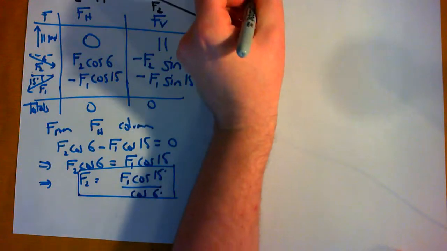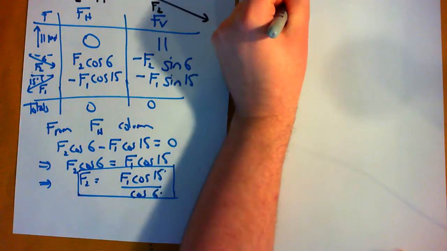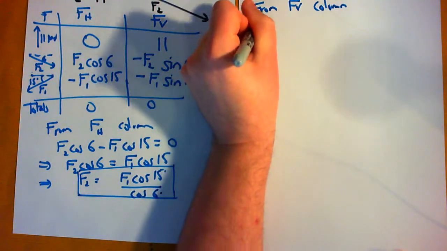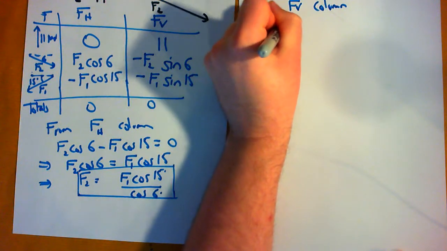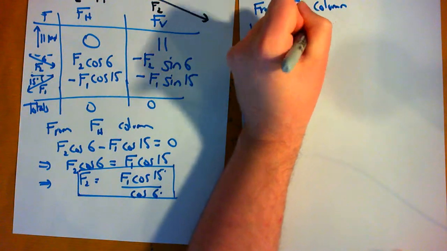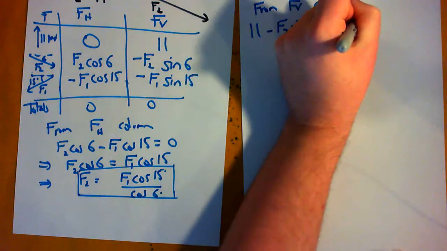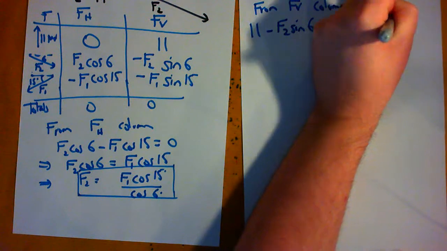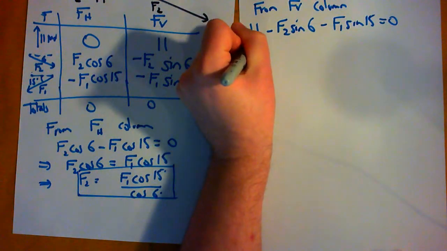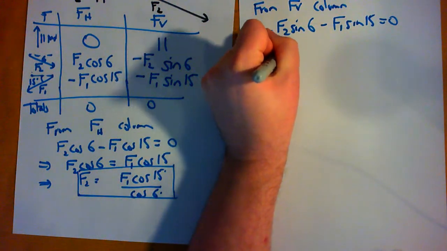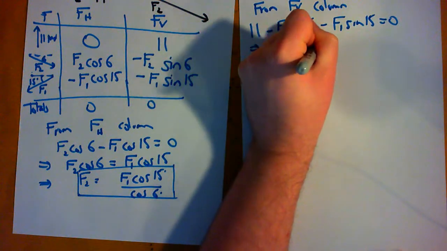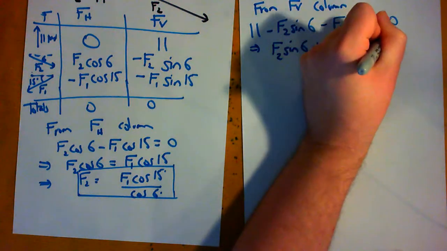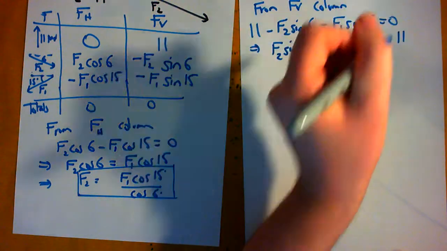the FV column. So from the FV column, what have we got? We've got 11 minus F2 sine of 6 minus F1 sine of 15 equals 0, which if we rearrange that we get F2 times sine of 6 plus F1 sine of 15 equals 11.